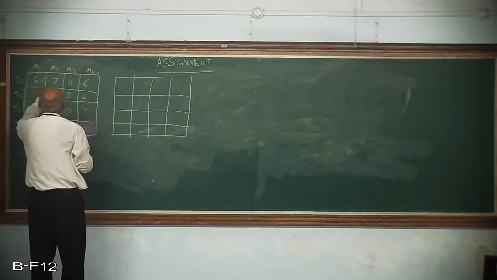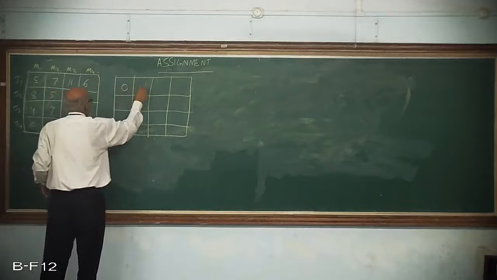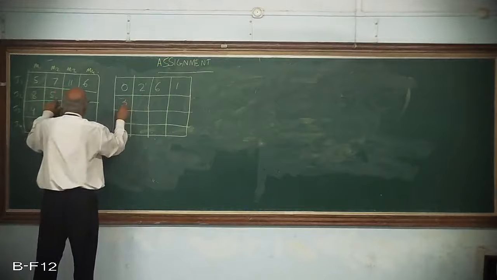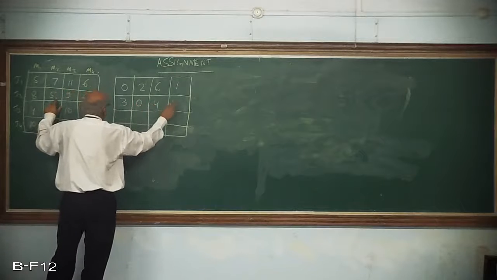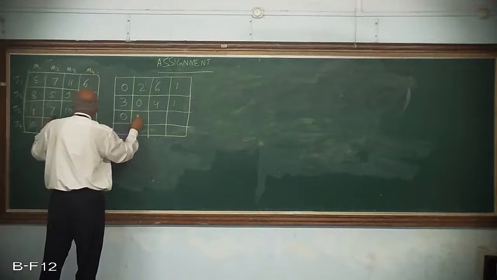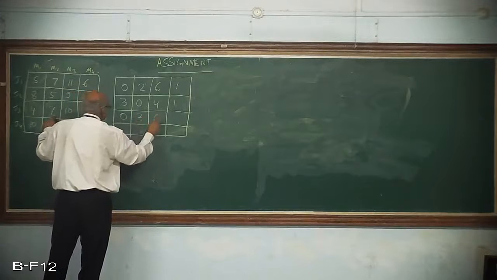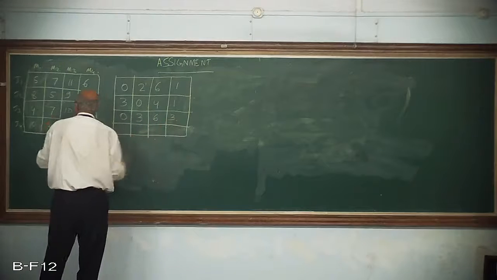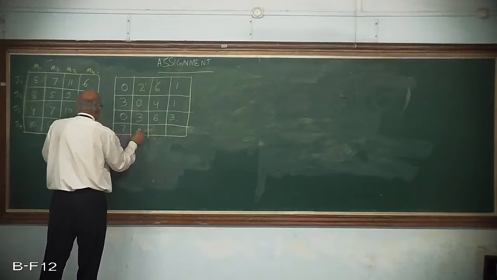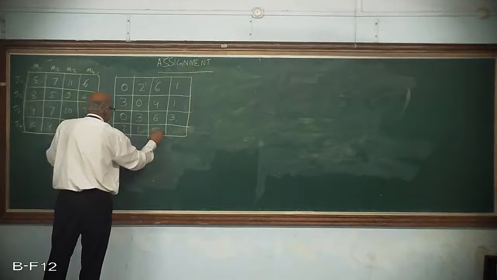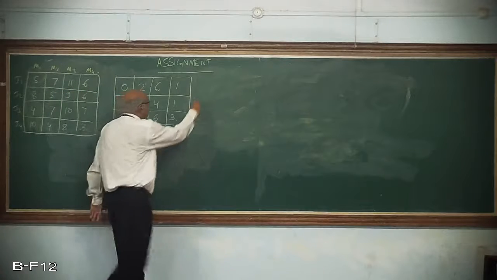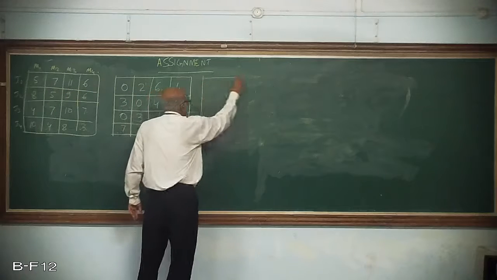I will just say which is the minimum here. 5, this is 0, 2, 6, 1. Minimum is 5, 3, 0, 4, 1. Minimum is 4, 0, 3, 6, 3. Minimum is 3 here. So this is 7, 1, 5, 0. You understand? Now I have created 0 in each row. Next I have to create 0 in each column.